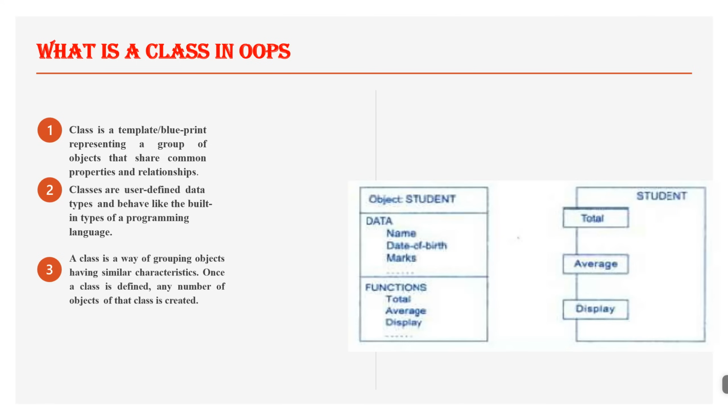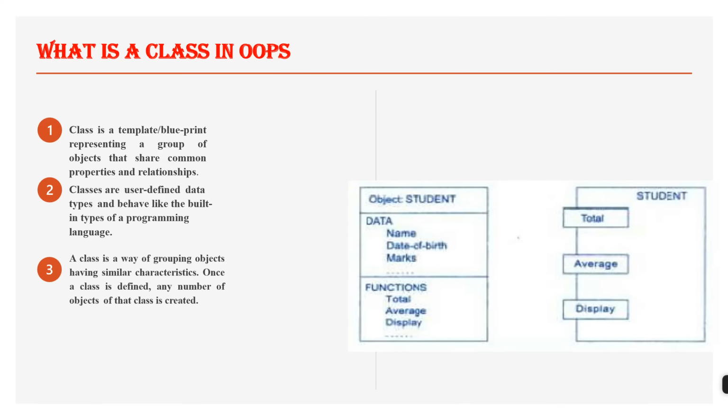So that's why we are going to an object-oriented programming environment wherein classes will help the user to define his own data type. Classes are user-defined data types and behave like the built-in types of the programming language.